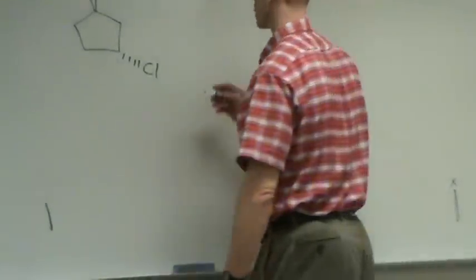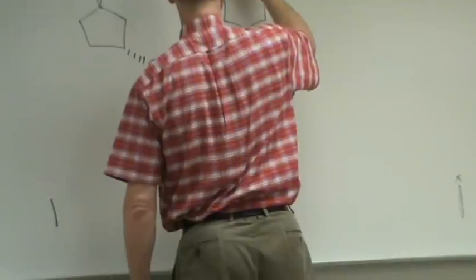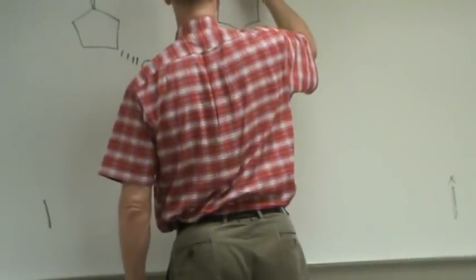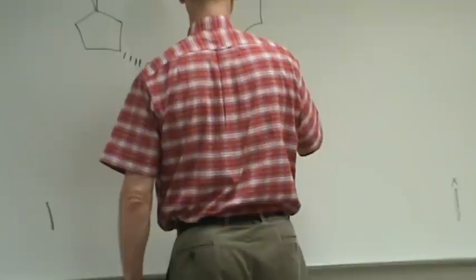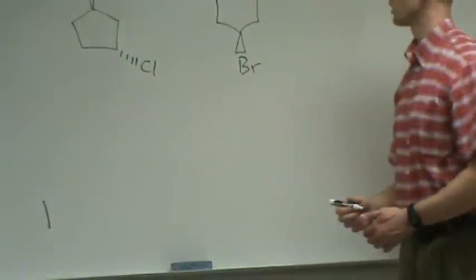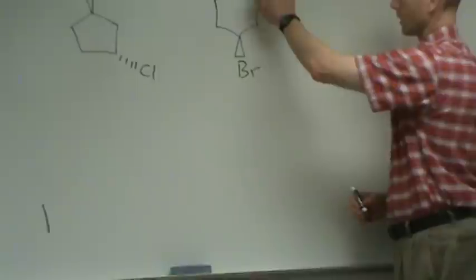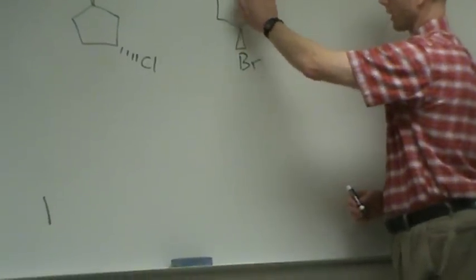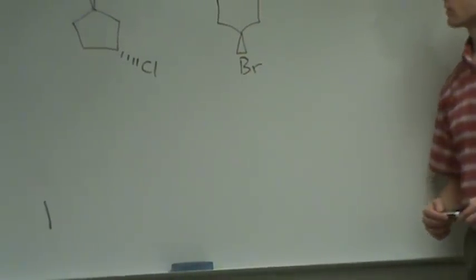We can put on two different groups, the 1,3 relationship, or even in cyclohexane, these two groups would be cis to each other, and they're on the 1,4 carbons from each other.